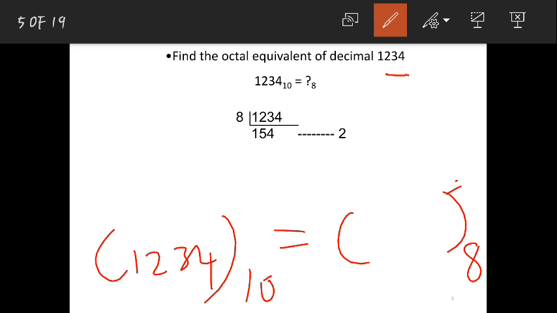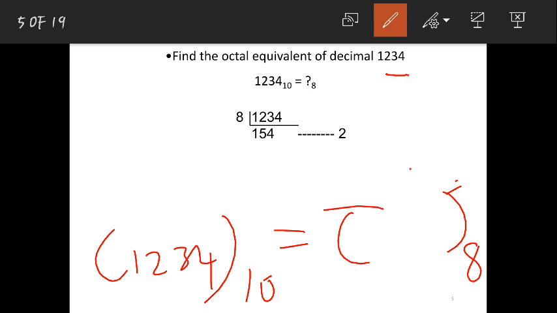So 8 times 154 gives 1232, and the remainder is 2.